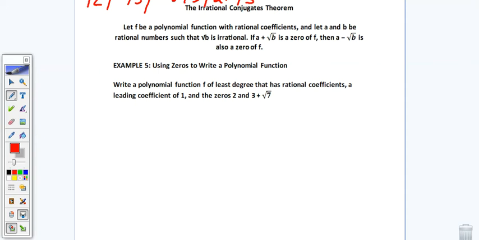So for instance, if I tell you, hey, kids, one of the roots for a function is 1 plus the square root of 7, what's another root then? Oh, yeah, 1 minus the square root of 7 would be another one. Or if I say, hey, 12 plus the square root of 5 is a root, what's another root?